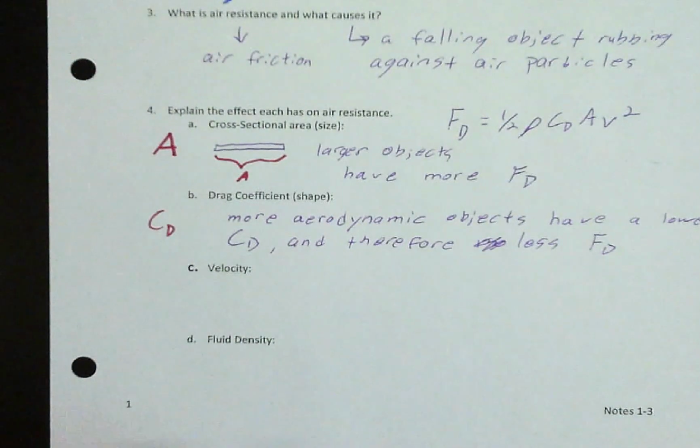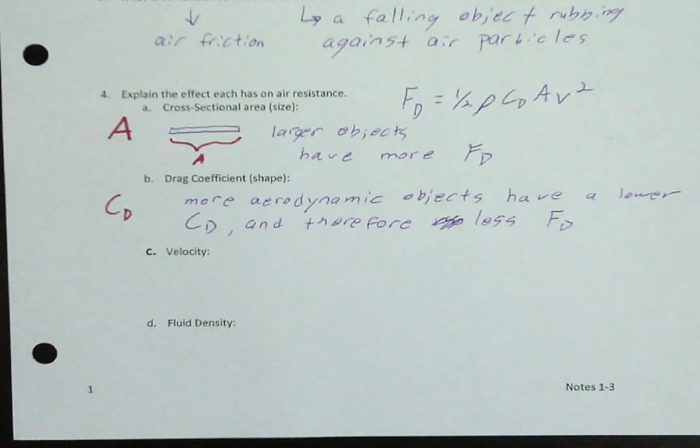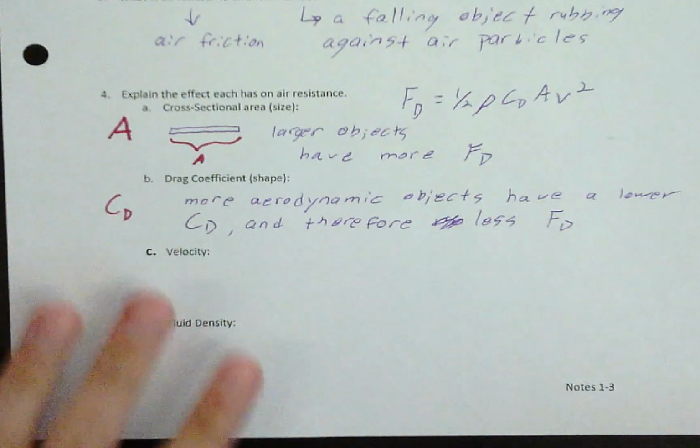So things that are more aerodynamic have a lower coefficient of drag, which means that they have less drag force. So the more aerodynamic, the better off you are. Again, none of this is surprising. Here's the first one that is surprising.